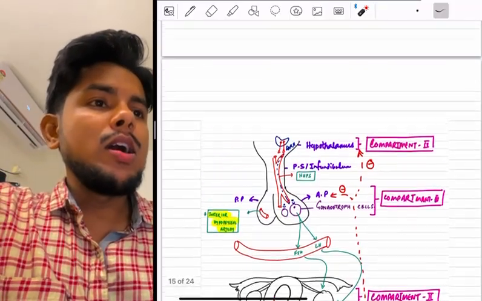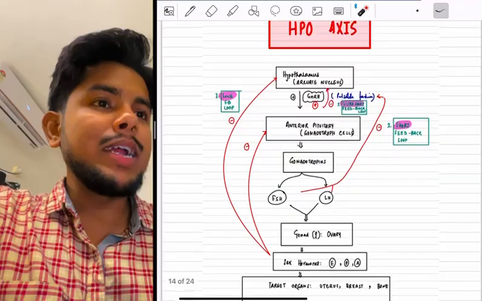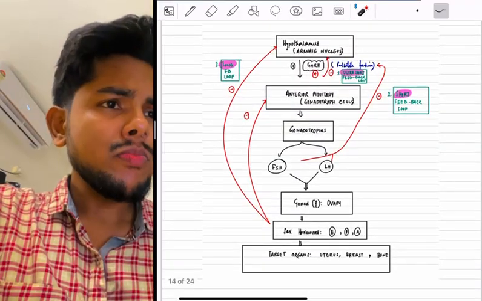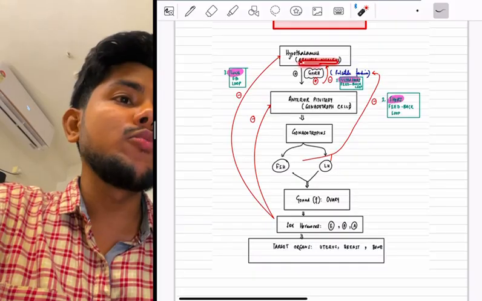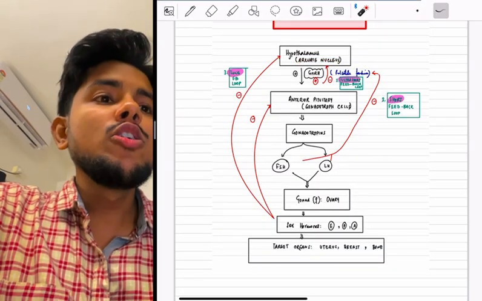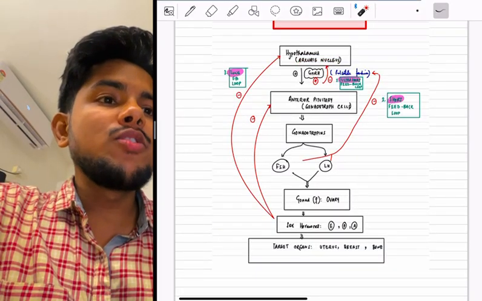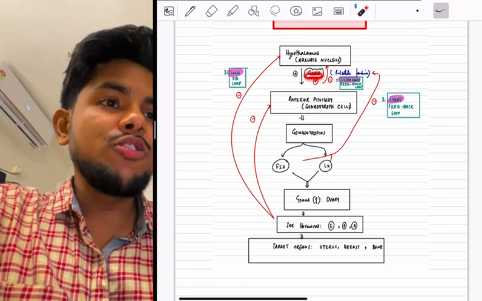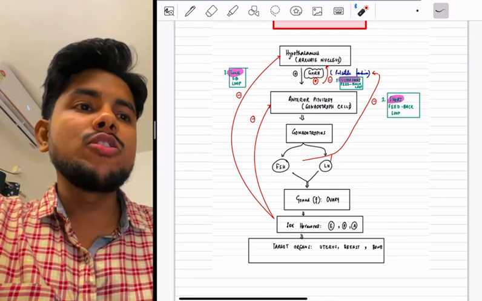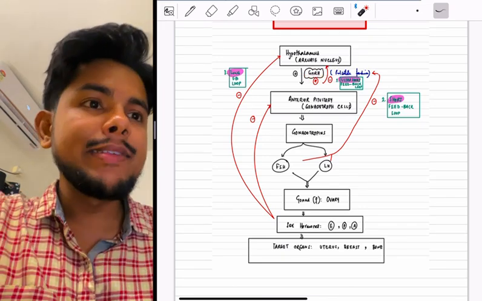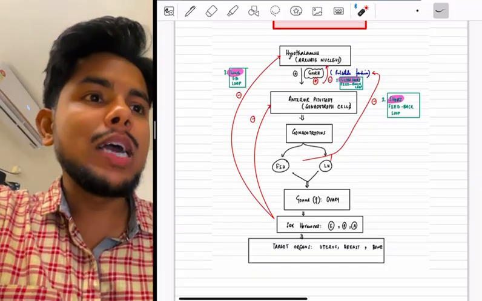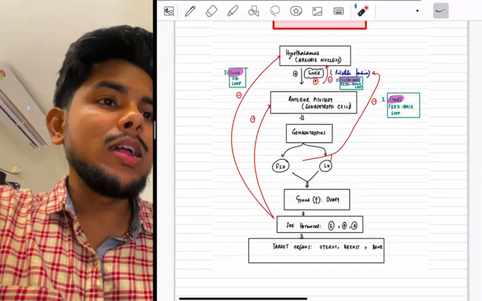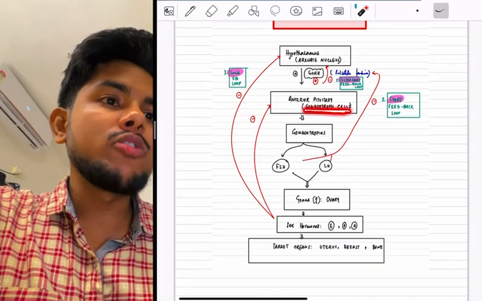Now let's understand the same thing from this flowchart. You have the hypothalamus, and the arcuate nucleus right over here. The arcuate nucleus releases GnRH. GnRH enters the hypothalamo-hypophyseal portal system, which is the vascular connection between the anterior pituitary gland and the hypothalamus, and it stimulates the gonadotroph cells.